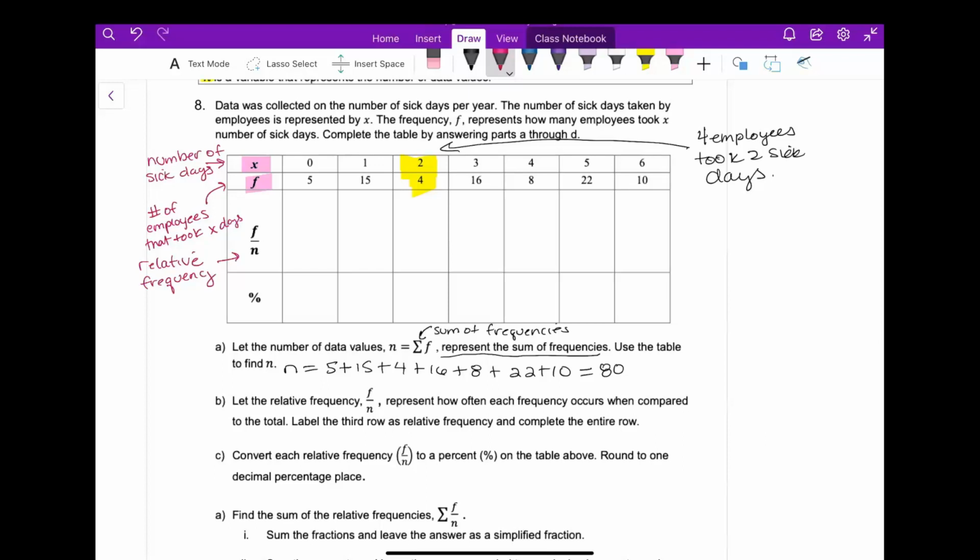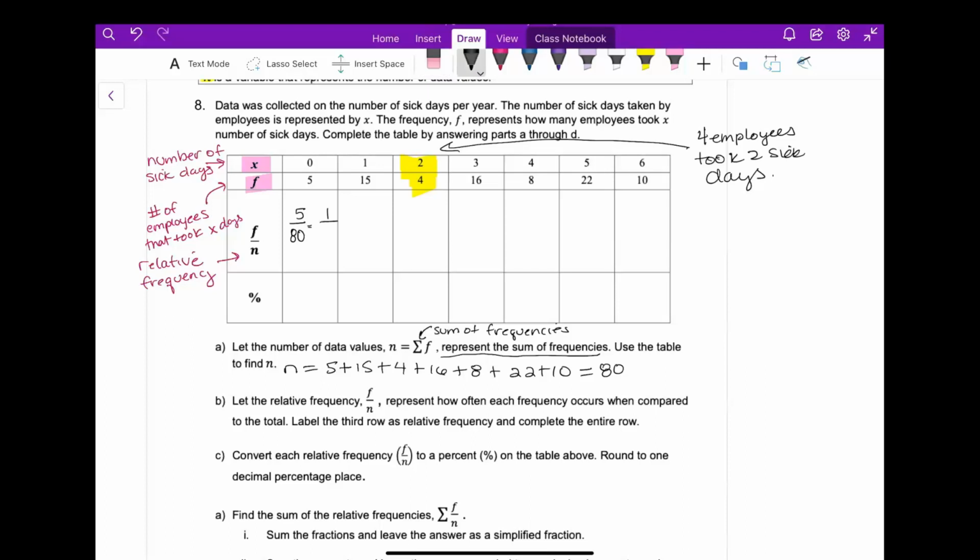How do we complete it? Well, we know what F is. F is in the first little column, F is 5. And we know what N is. N is 80. And so now we're just left to simplify. 5 over 80 has a 5 in common for both the numerator and the denominator. So we're going to divide by 5 on the numerator, that's 1.